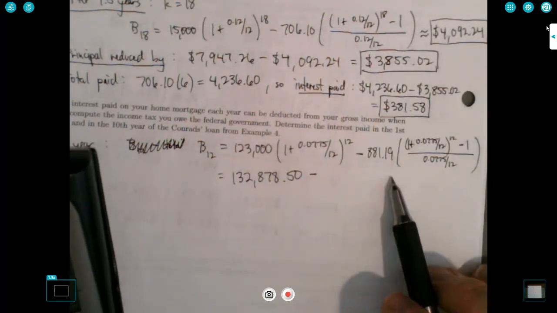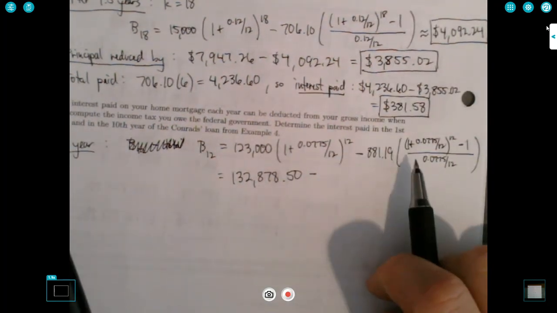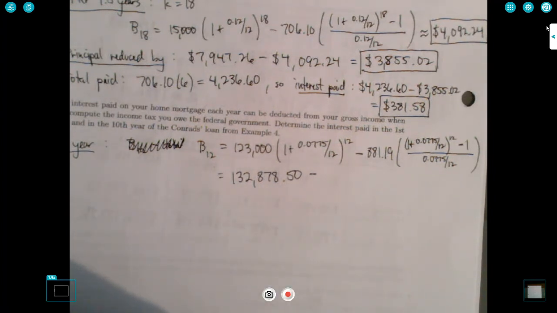Okay, minus, for this I'm going to do 1 plus 0.0775 divided by 12 to the 12 minus 1 divided by 0.0775 divided by 12 times $881.19.